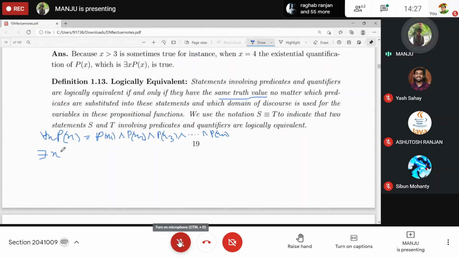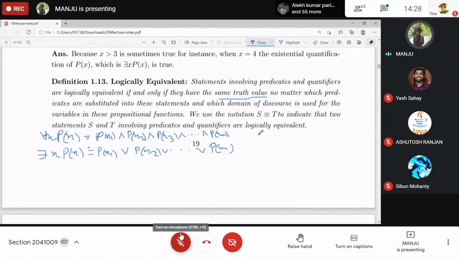Next, there exists x, P(x). This will be equivalent to the disjunction of P(x1), disjunction with P(x2), disjunction up to P(xn). And if you take the negation of for all, then De Morgan's law is applied, the conjunction will become disjunction, then disjunction will become there exists, right?